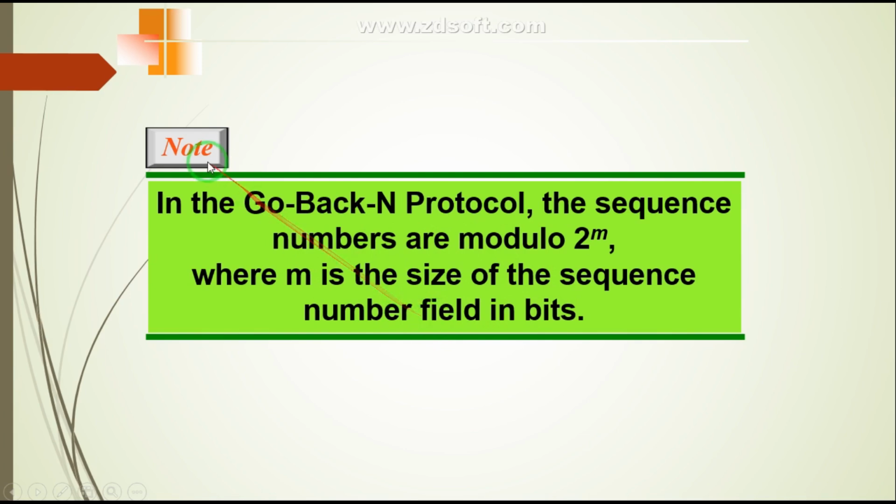The Go-Back-N ARQ protocol is used to improve efficiency so that multiple frames can be in transit while waiting for acknowledgement, or we can say it lets more than one frame be outstanding.